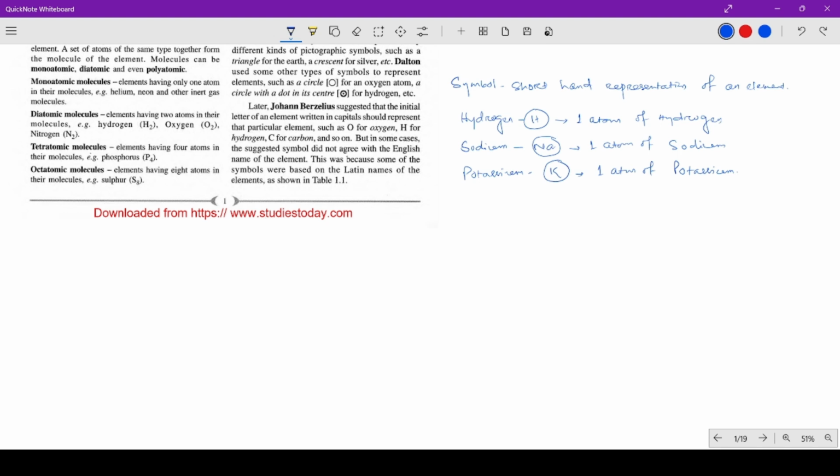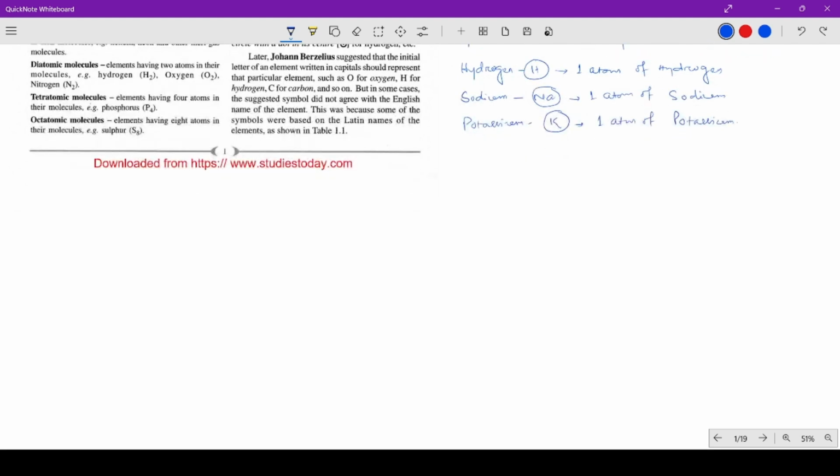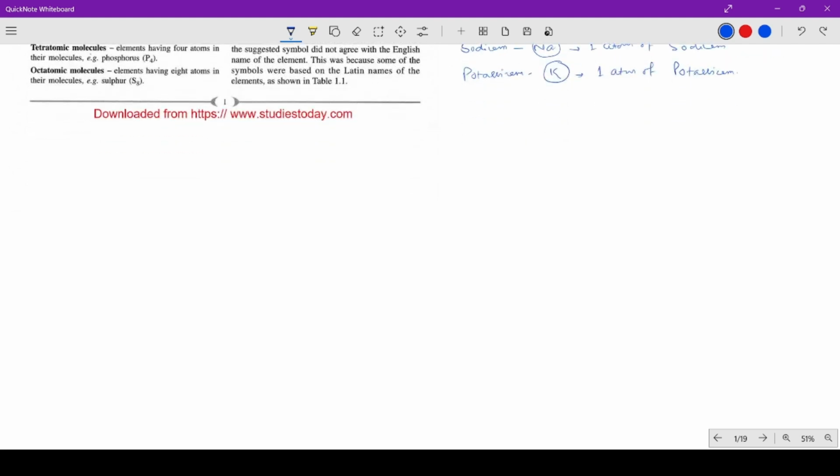As we discussed the symbols of the elements, now we are going to discuss the significance of elements and atoms. The elements are made up of the smallest particle called atom.